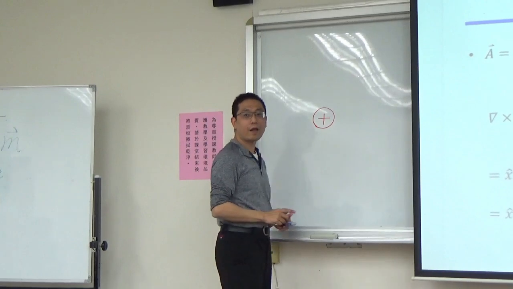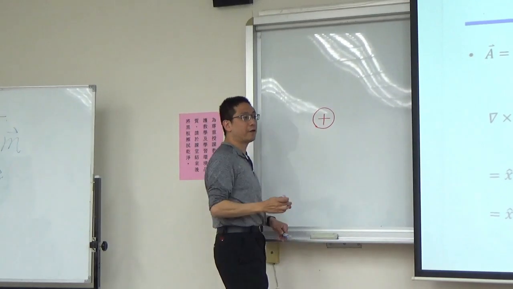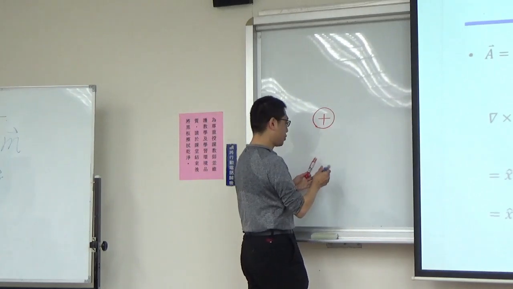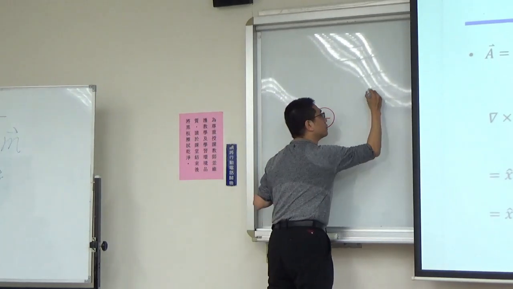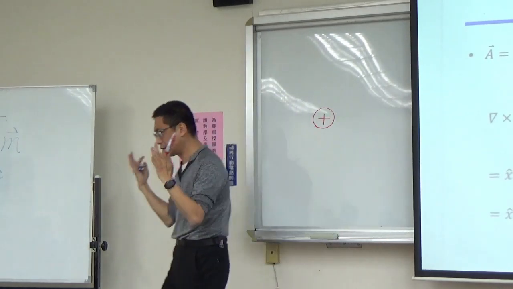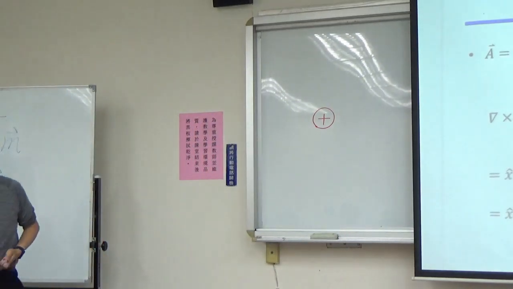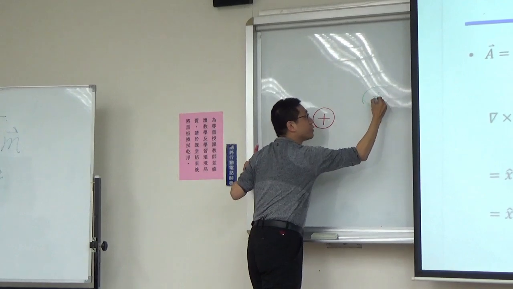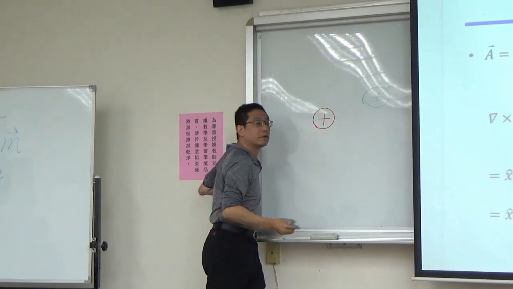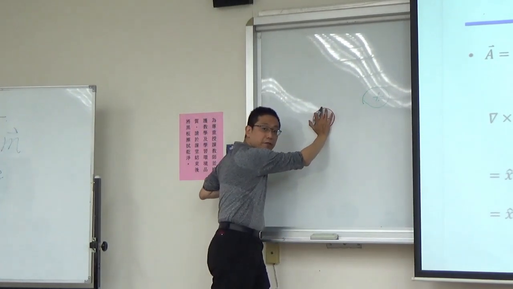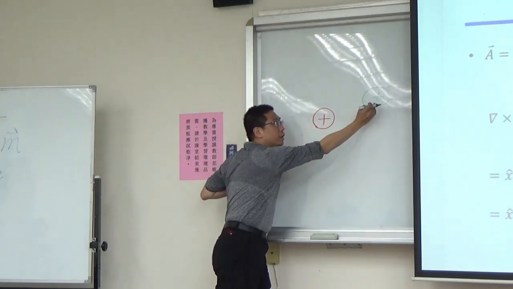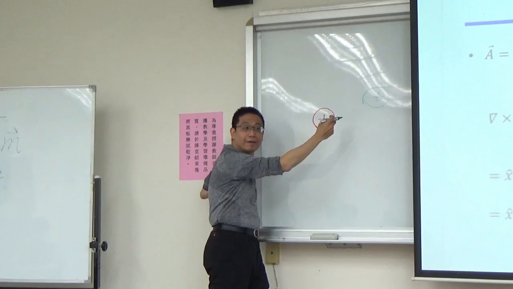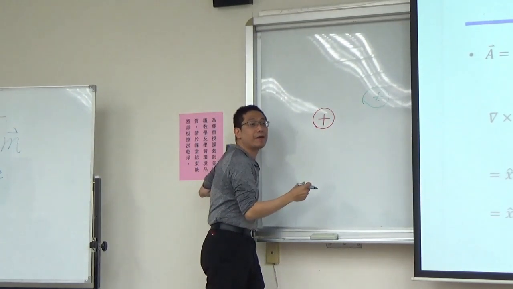Then if you put another electrical charge here, this one is fixed, the position is fixed. This charge will be moved, right? Everyone has this common sense, right?